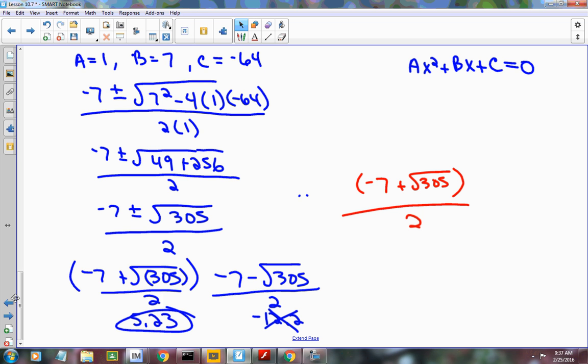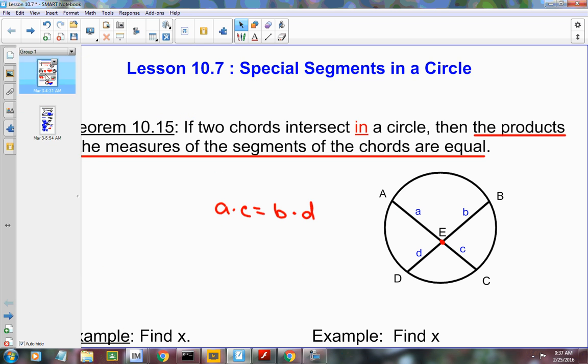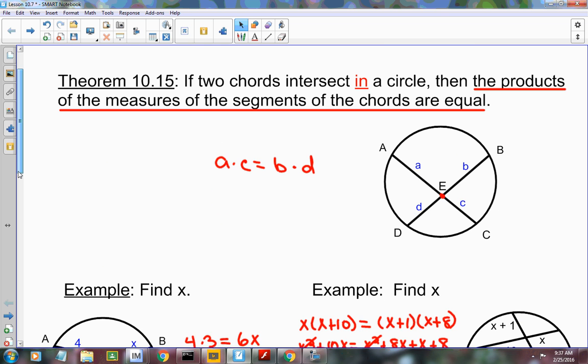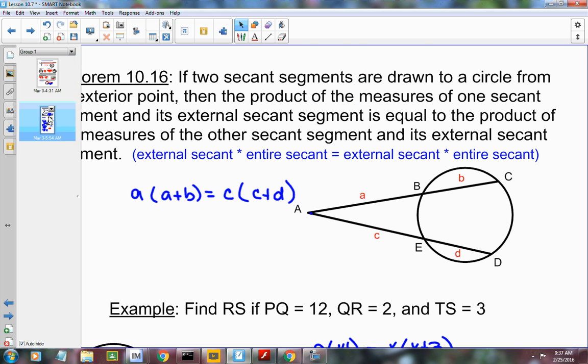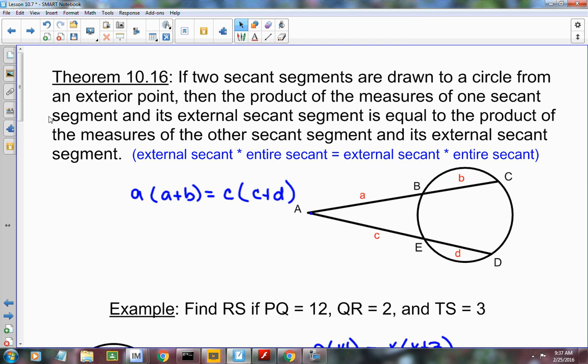So, real quickly, what we talked about, really basically 3 scenarios. If you have 2 chords that intersect in the interior, then the product of the parts are equal to each other. So A times C equals B times D. That was the first thing we talked about. The second thing is when you have 2 secants that intersect in the exterior. And remember, that's the outside part times the whole thing.